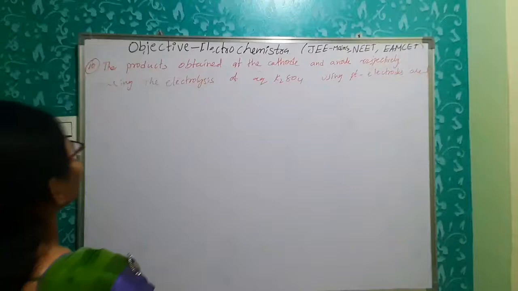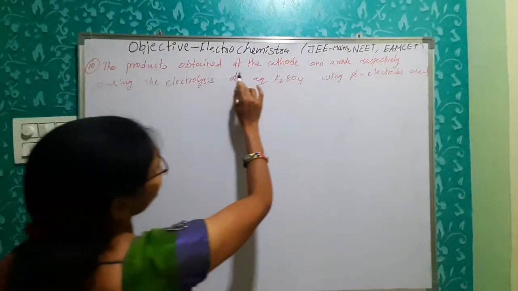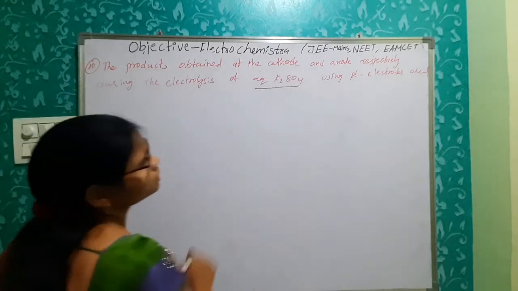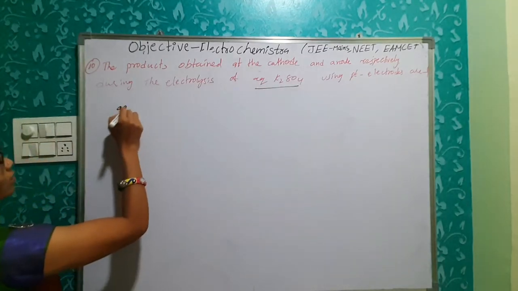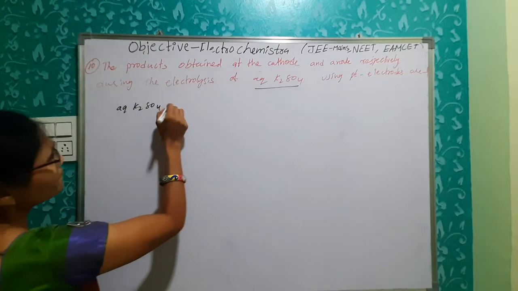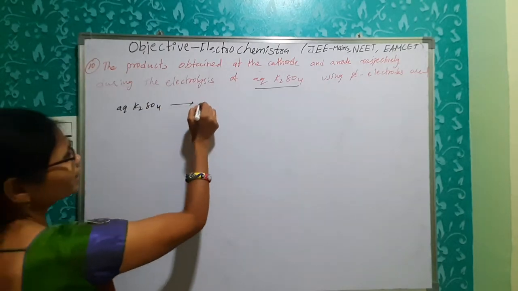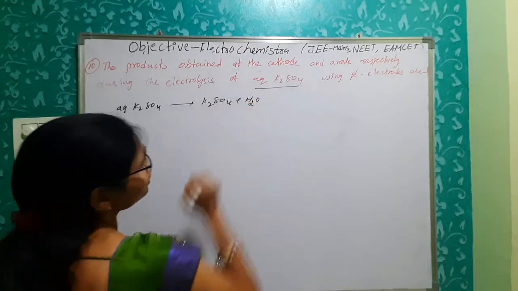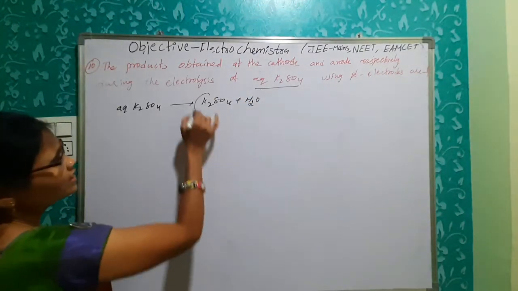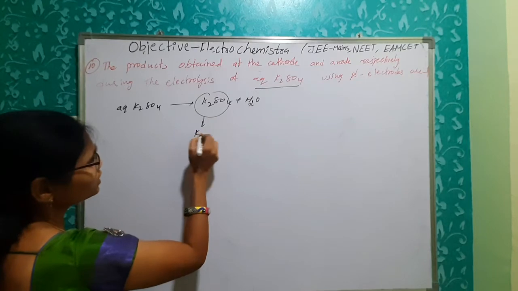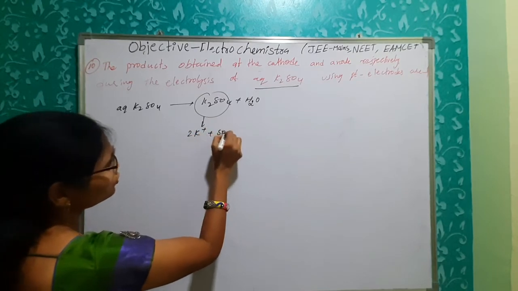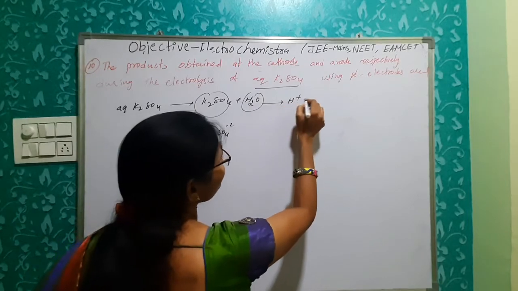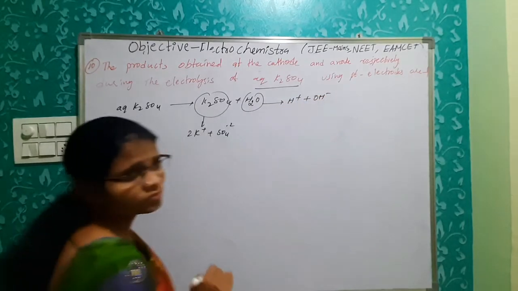Clear? Next problem. The products obtained at cathode and anode respectively during the electrolysis of aqueous K2SO4. Aqueous K2SO4 means it contains water molecules also. So K2SO4 decomposes to give 2 K plus ions and SO4 minus 2. Water also decomposes to give H plus and OH minus ions.